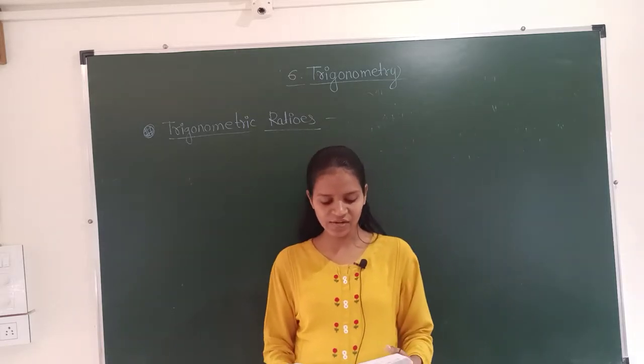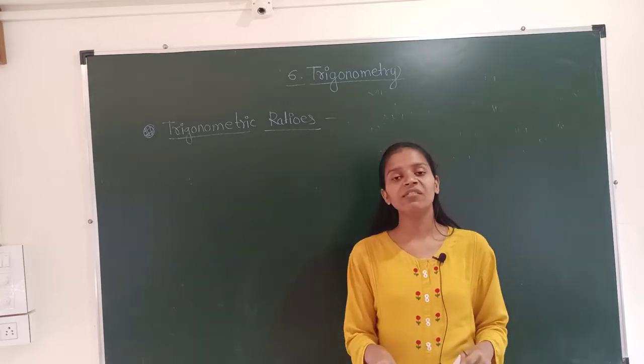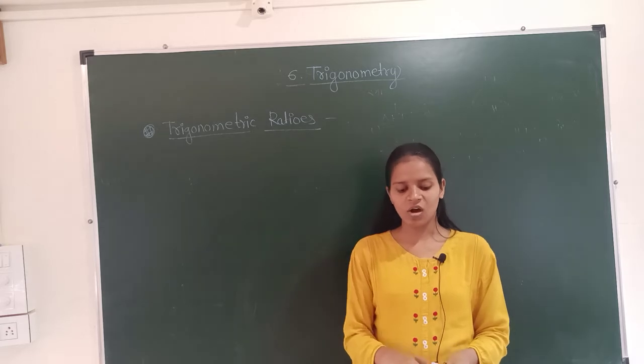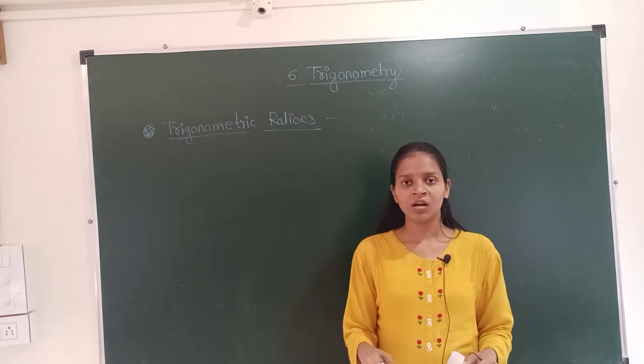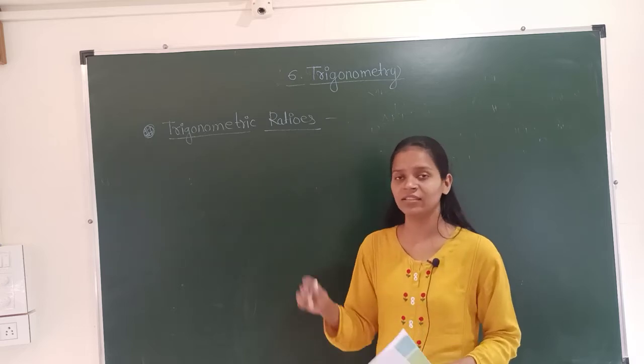Now in the 9th standard we have seen the trigonometric ratios, but we will repeat the ratios of sine, cos and tan again, because the next ratios of cosec, sec and cot are totally dependent on those only.